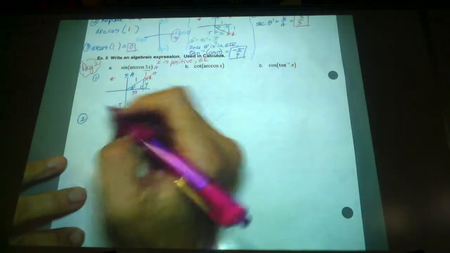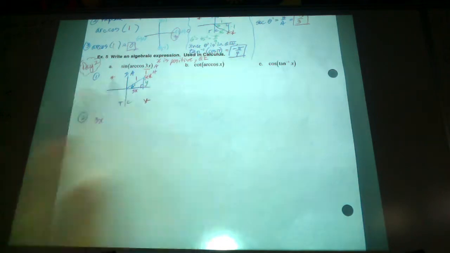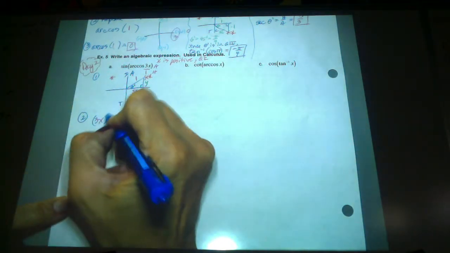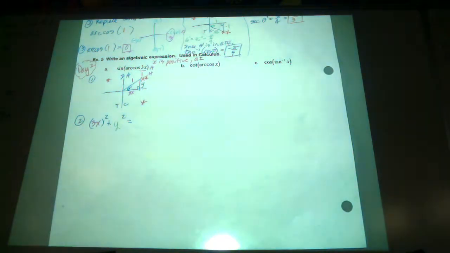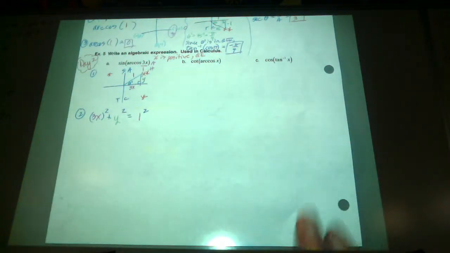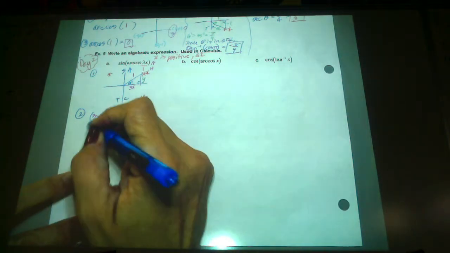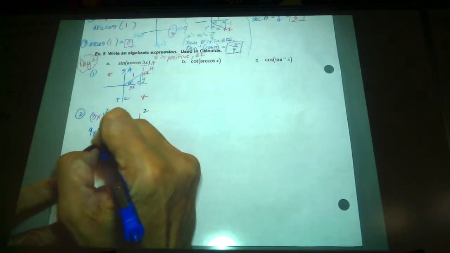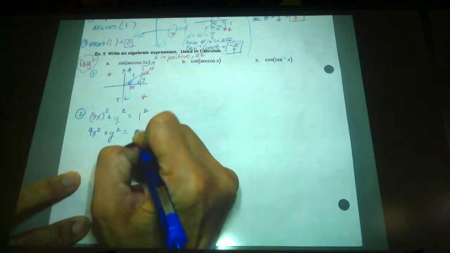So I'm going to take my legs, 3x and y, square them and add them together and set them equal to my hypotenuse, which in this case is 1, and it's got to be squared. So 3x squared is 9x squared, plus y squared equals 1.